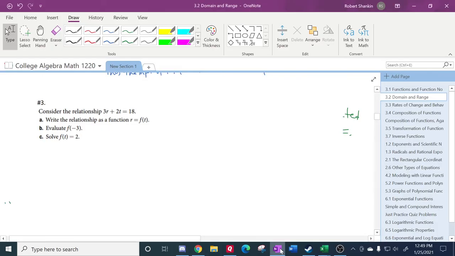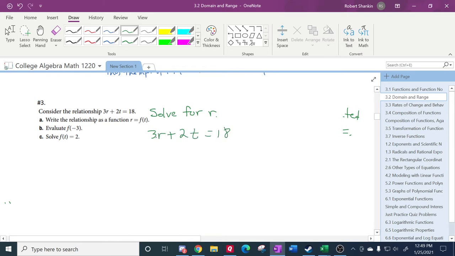Alright, so let's go back to this. Write the relationship as a function r equals f of t is another way of saying solve this equation for r. So I'm going to take 3r plus 2t equals 18.